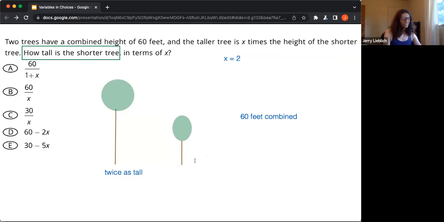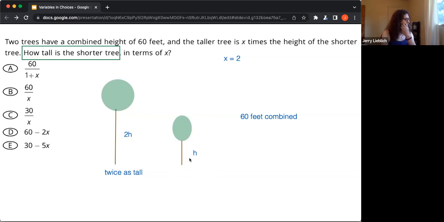So what's tricky here is I now have to think about the fact that there's another variable involved. Let's call it h for the height. The shorter tree is h. The taller tree is 2h. And this is really the trick here.